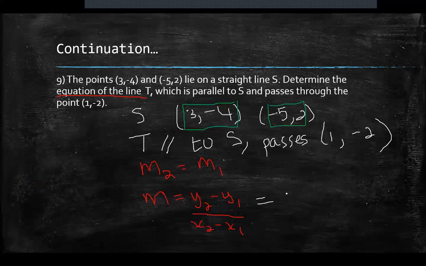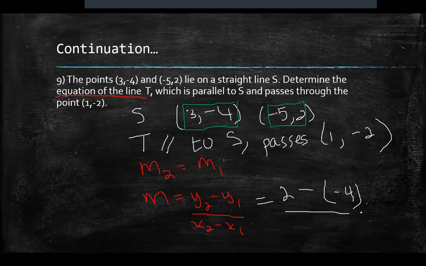So my y2 in this case is 2, minus y1 which is -4, over x2 which is -5, minus x1 which is 3.